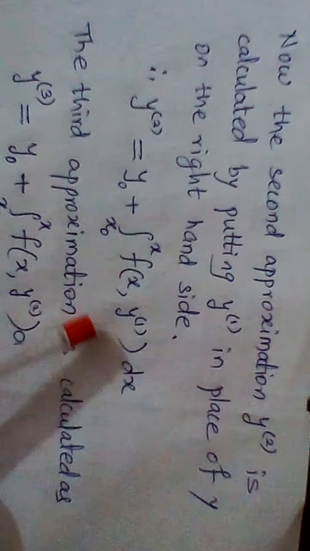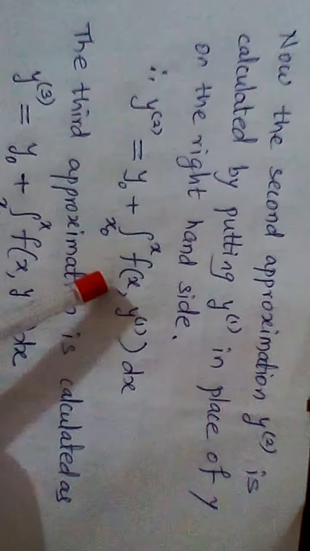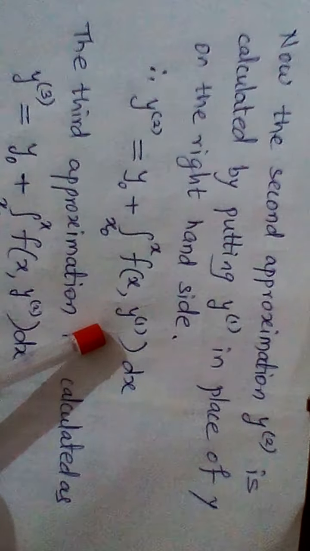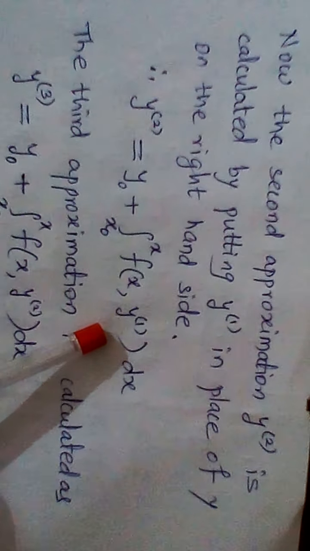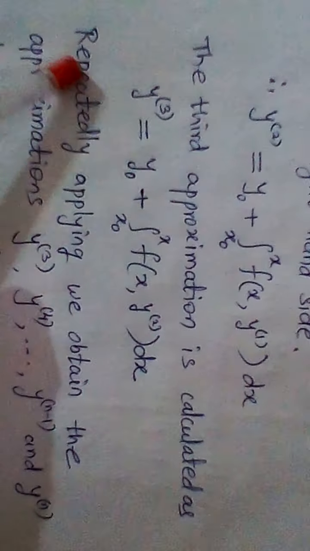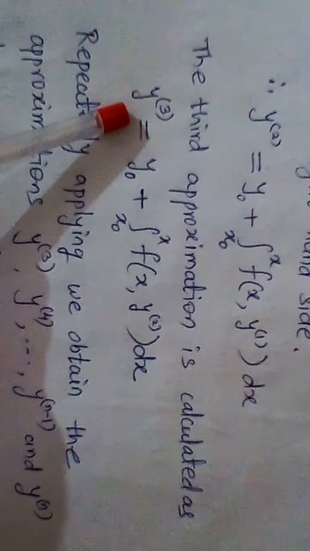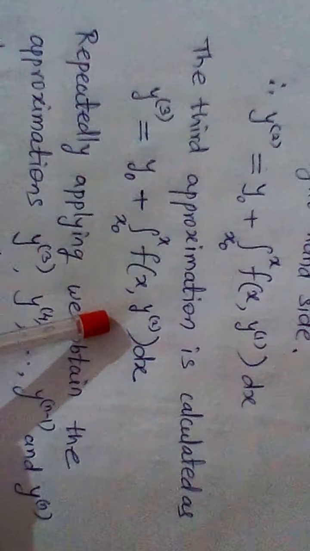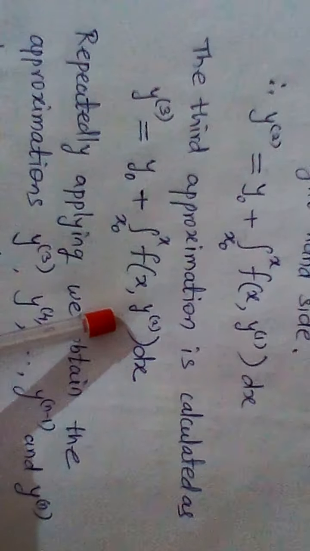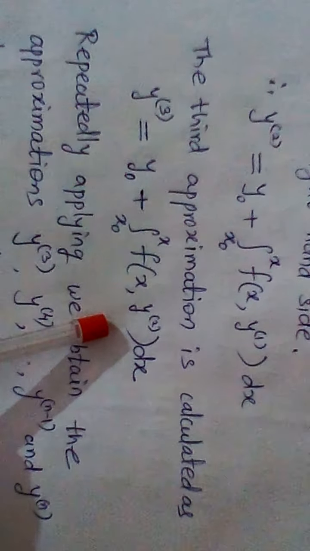So you observe in the functional value x is the variable, but y is replaced by the earlier calculated value of y. So this is our second approximation. Similarly, we can go for the third approximation. While calculating the third approximation, we put the earlier obtained second approximation in place of y in the function, and evaluate the integral.